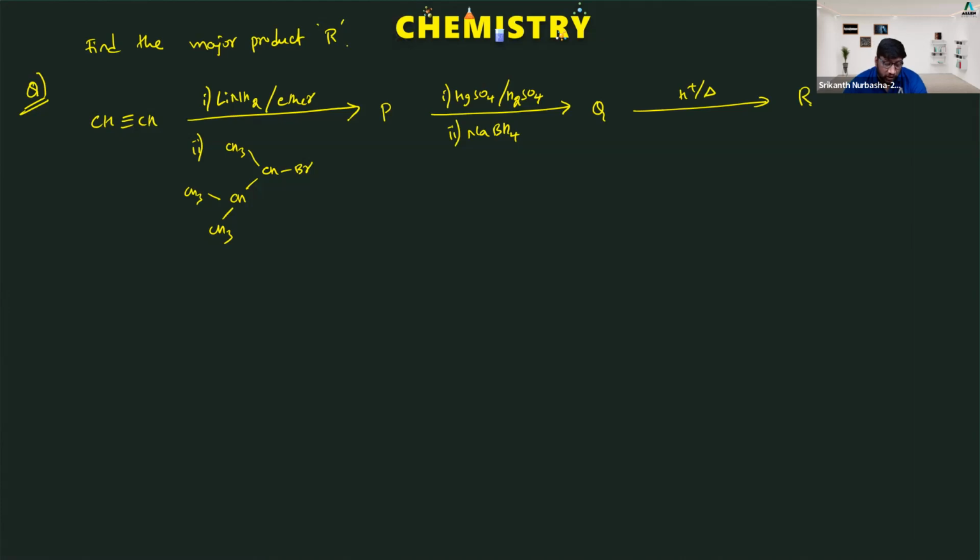CH triple bond CH, acetylene, is treated with LiNH2, Li plus NH2 minus. Like NaNH2, it is also a strong base, LiNH2. Followed by CH3 CHBr CH3, taken twice. This will give product P. Product P with HgSO4, H2SO4, and then NaBH4 gives product Q. Q treated with H plus on heating gives product R. What is the product R?